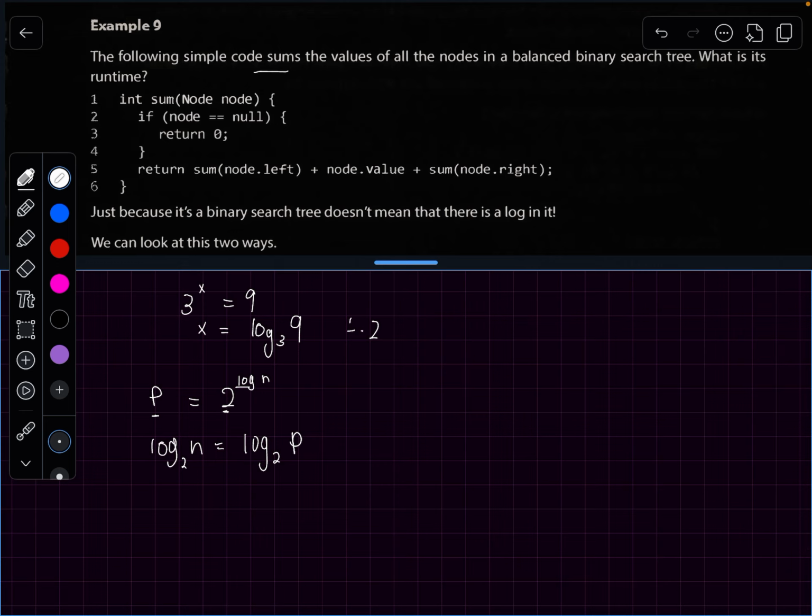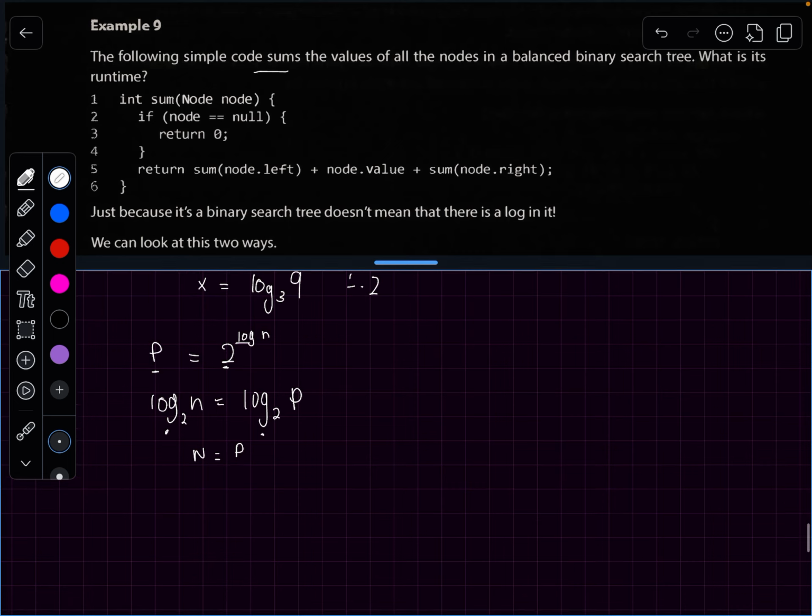Okay, now we have this. Now we can drop the logs, and what do we get? n equals p. Wow, what just happened, right? This is also equal to n, this n. Therefore, remember we said p is equal to 2 to the log n, right? Now let's substitute this p for this over here.